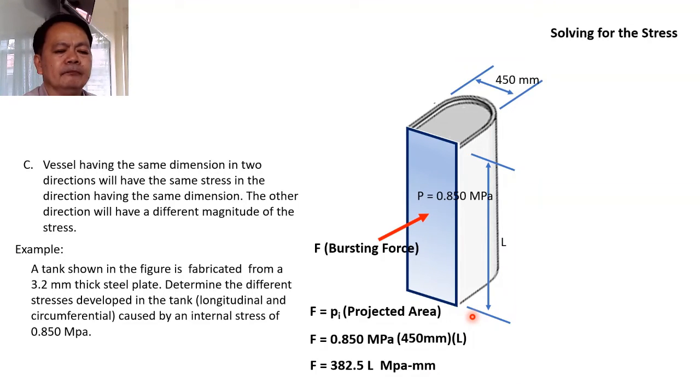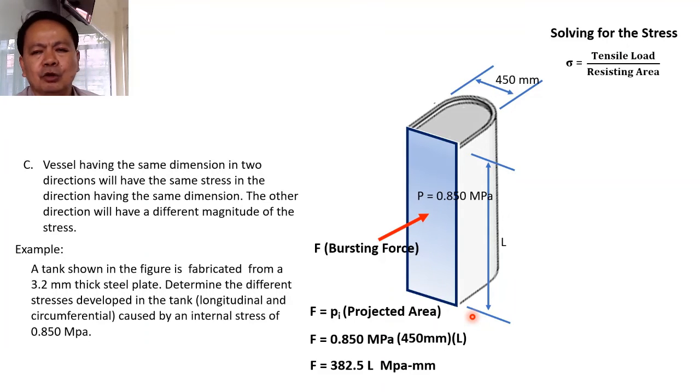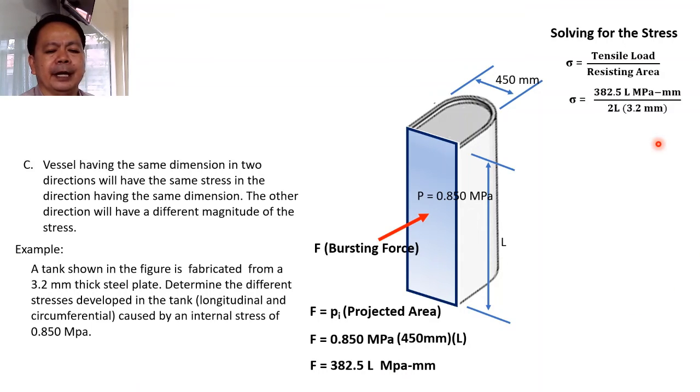Okay? And then solving for the stress, we shall have stress equal to the tensile load over the resisting area. The bursting effect is equal to 382.5 L megapascal millimeter. If that would be substituted here, our resisting area is twice the length multiplied by 3.2. Maybe you would be asking why twice the length only?